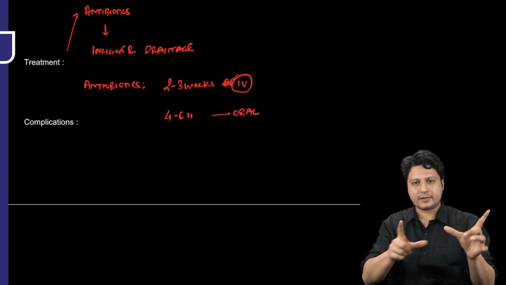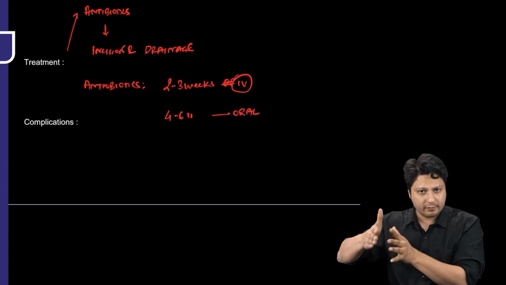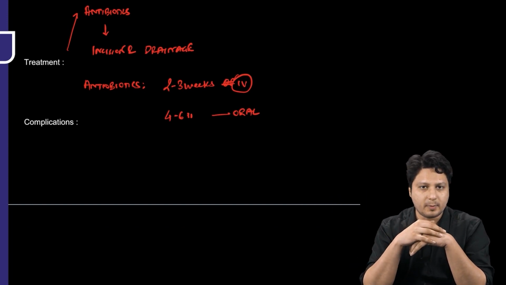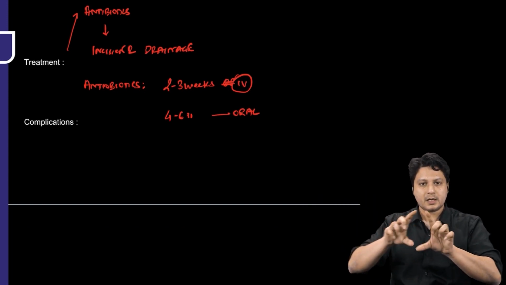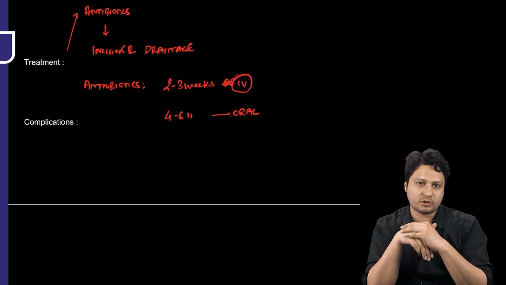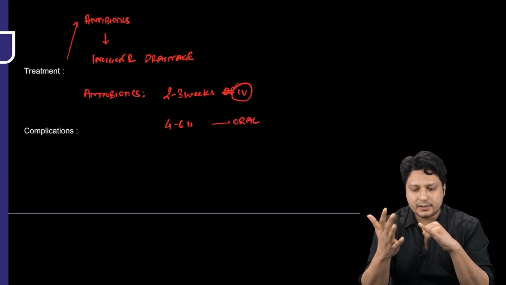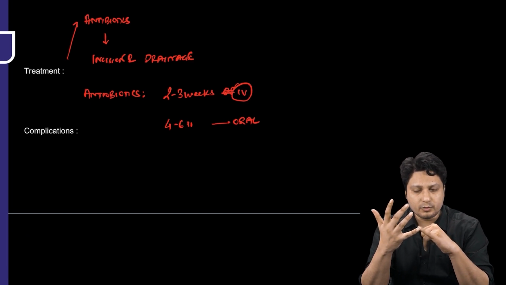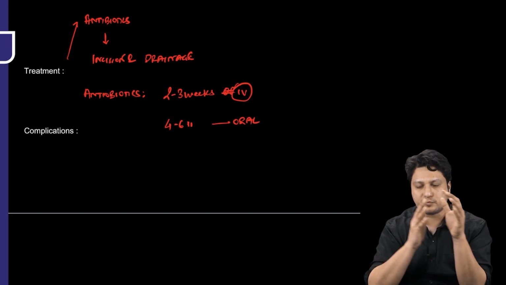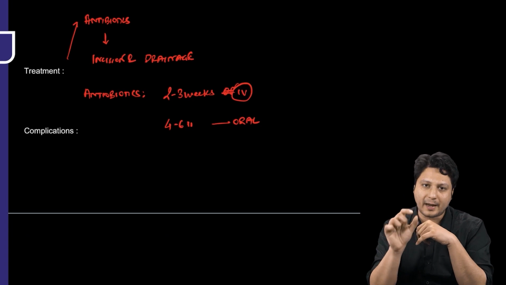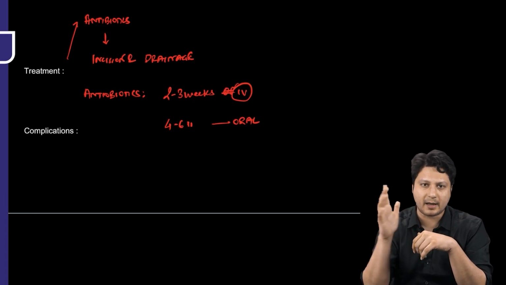All right. So first IV antibiotic for 2 to 3 weeks, and then switch to oral antibiotic for 4 to 6 weeks. That means the span of management of acute osteomyelitis is long. You are treating a condition which might take around 6 to 10 weeks, that means 1.5 to 2.5 months of antibiotic management.